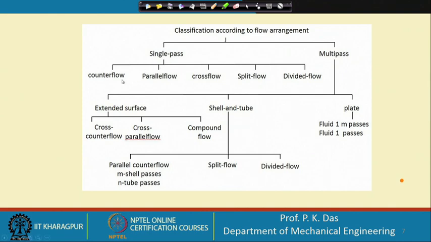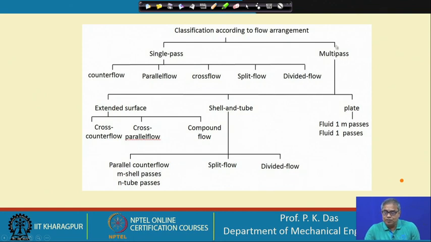So, in single pass we will have counter flow, parallel flow, cross flow, split flow, divided flow like this. These are kinds of arrangements which are used in different designs, and we will see some of them.